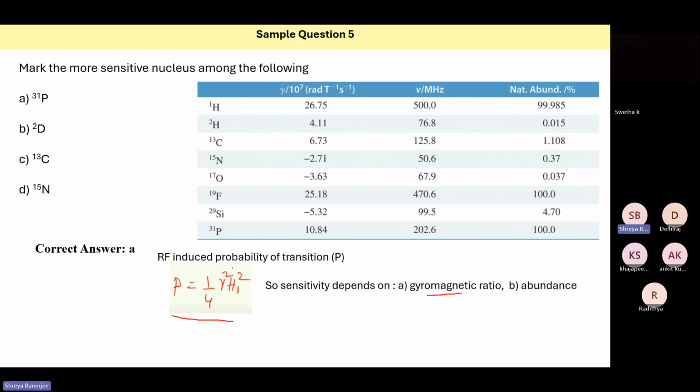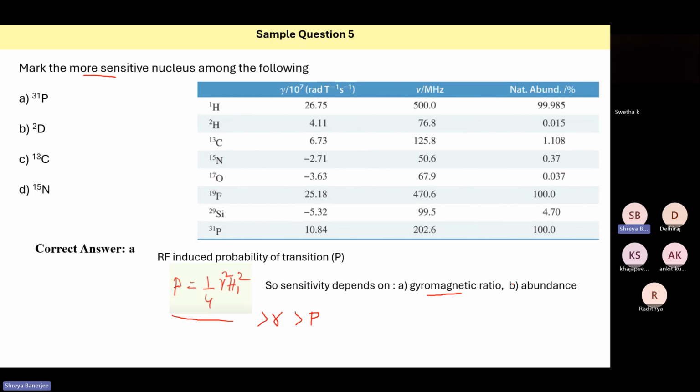So the higher the gyromagnetic ratio gamma, the higher is your P. And the higher your probability of transition, the more sensitive is the nucleus. So higher gyromagnetic ratio means higher sensitivity.